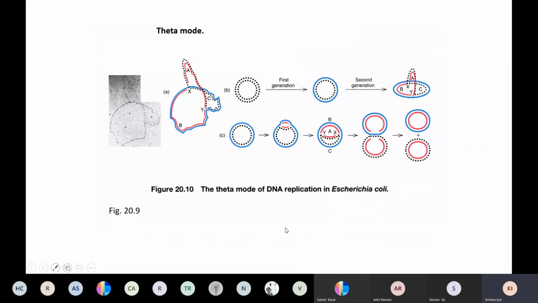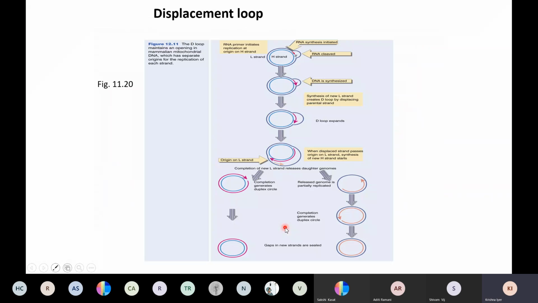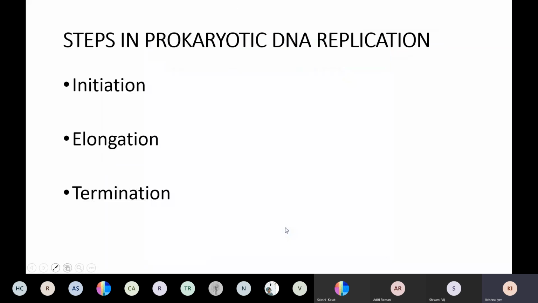So looking at all of these modes of replication, now let us look at how prokaryotic replication typically occurs, and much of the information that we have as of today as to how DNA replication occurs is based on a lot of studies in bacterial systems.